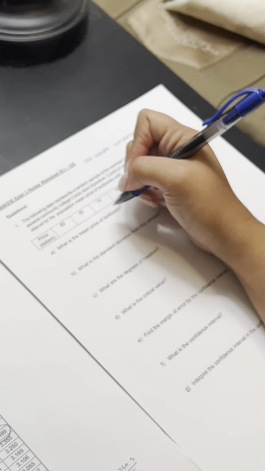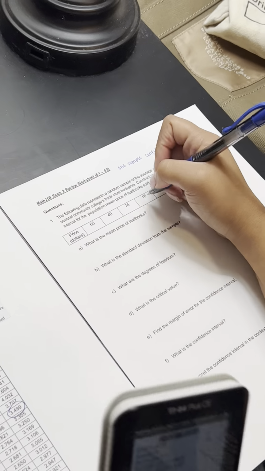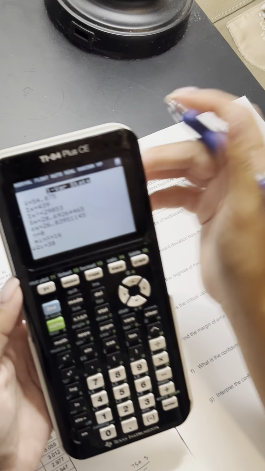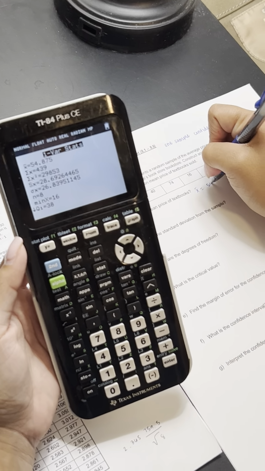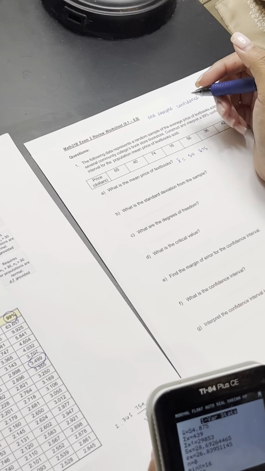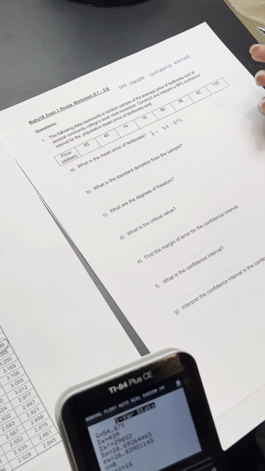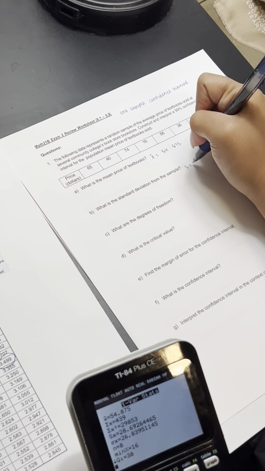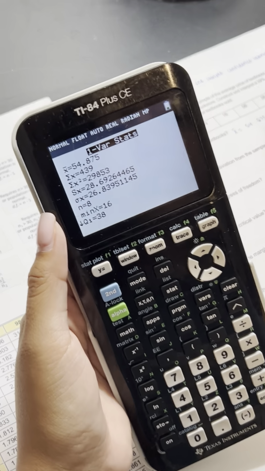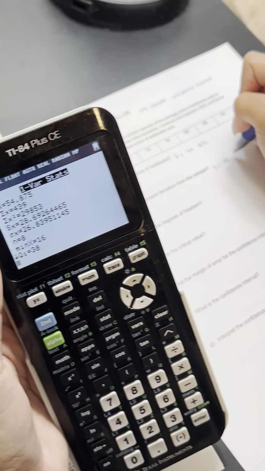So letter A, what is the mean price of textbooks? Our mean is going to be 54.875. Then letter B asks, what is the standard deviation of the sample, which is S. We're going to look over here, and we're going to round to 28.693.